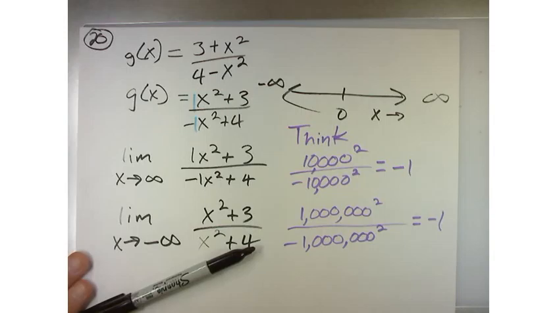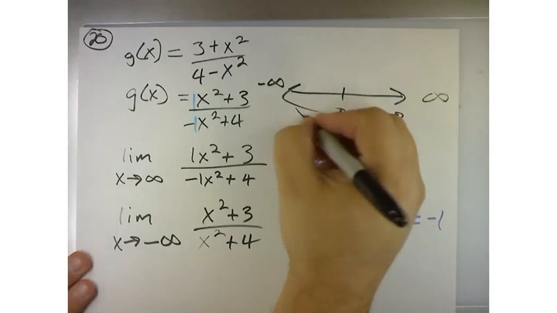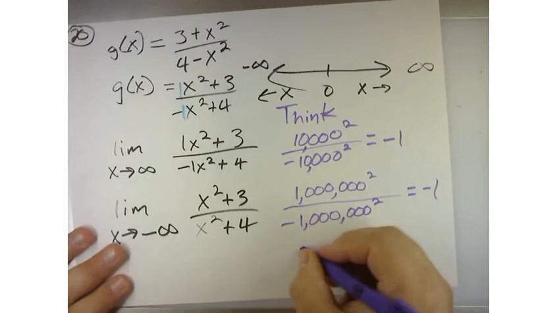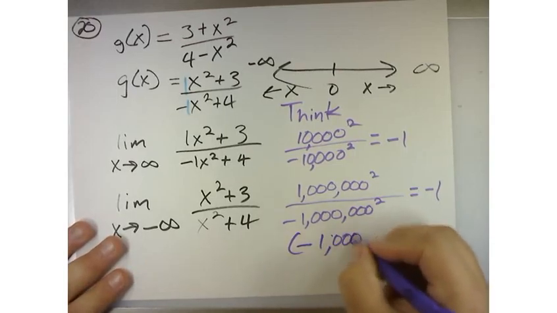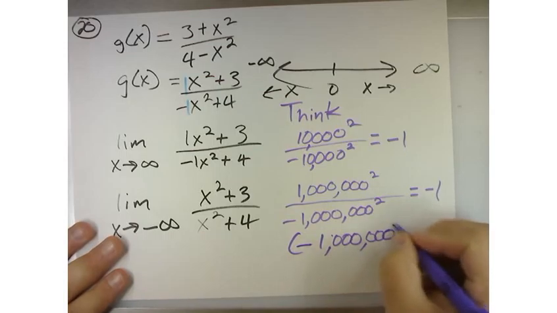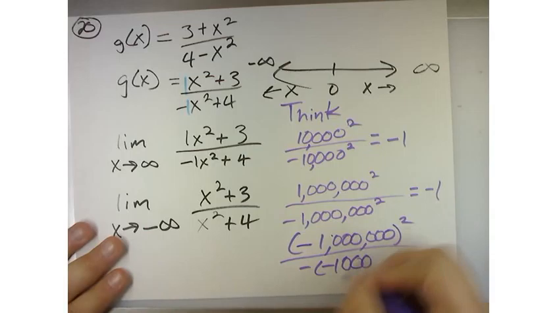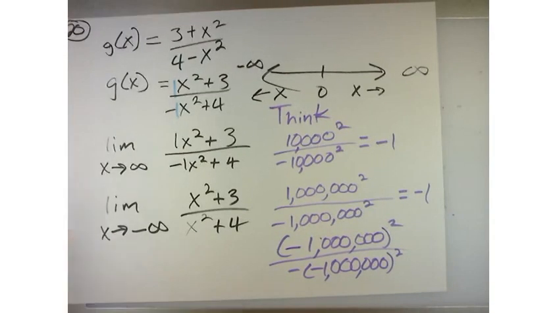Right? Well, when I approach in the negative direction, when I go this way, I'm going to do the same thing, except now I'm going to have negative 1,000,000 squared over negative 1,000,000. Right? And so what happens there?